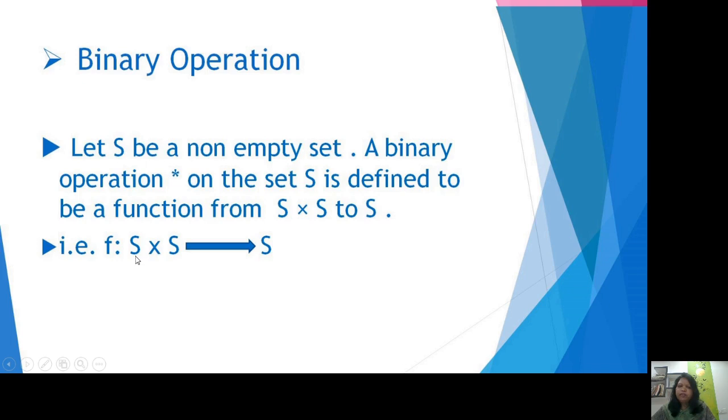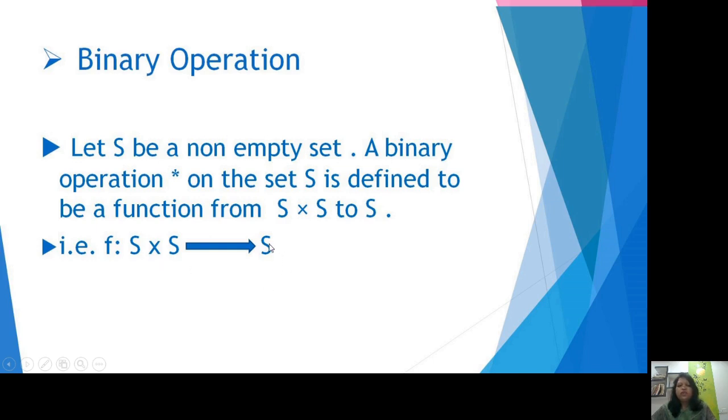That means the set S cross product is taken on S and S itself, not different sets A and B. So the domain set of this function is the set S cross S, and the codomain set of this function is again the set S. That means in the domain set there are pairs, and in each pair the first element belongs to set S and the other element also belongs to set S. And in the codomain is the value of the star function when we operate on any pair.